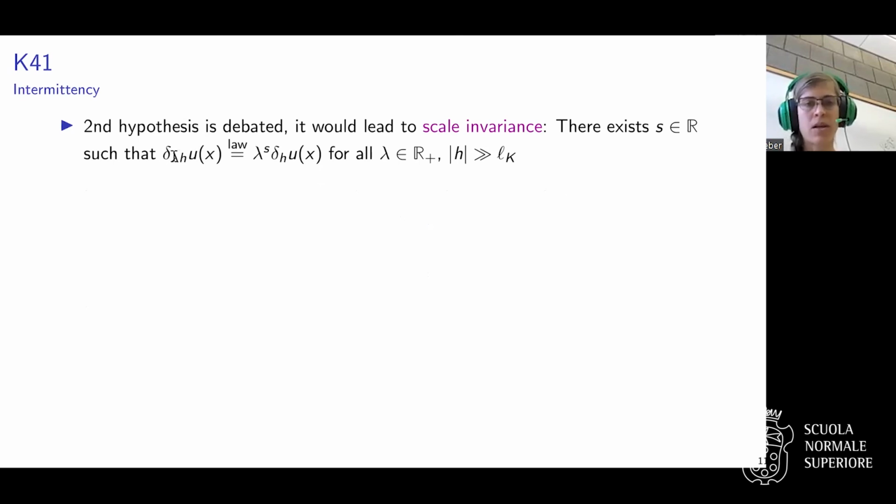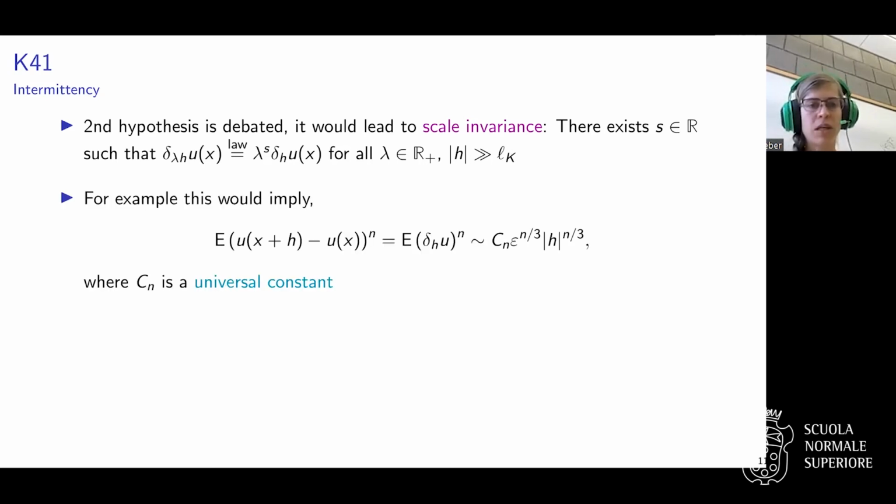Assuming it's independent of the viscosity, then what you should get is that the increment of u along lambda h is distributed in the same way as the increment along h times lambda to some power s, for some s in the positive real numbers, for any h that is sufficiently large compared to the Kolmogorov scale.